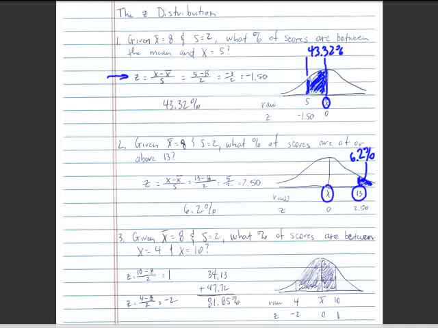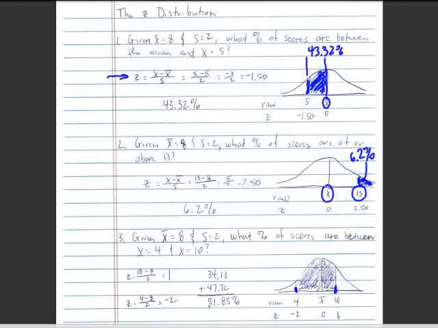The last problem on this page, problem number 3, same mean, same standard deviation. What percent of the scores are between x equals 4 and x equals 10? So not surprisingly, we get to calculate 2 z-scores. The z for x equals 10, and notice that I've identified the score above the mean and the score below the mean.